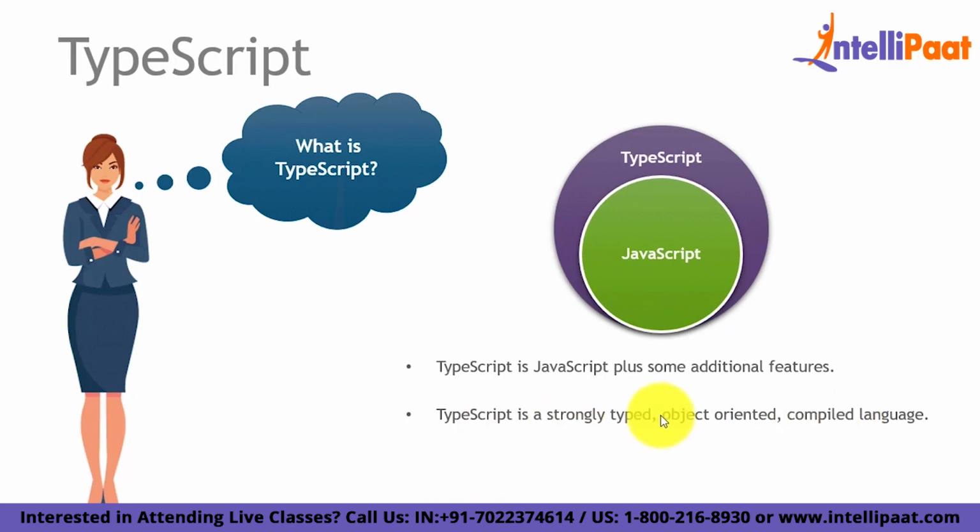Strongly typed means whenever we are creating a variable, you can define there itself what should be the data type of that variable. Object-oriented means it is going to follow all those concepts like abstraction, encapsulation, polymorphism, inheritance. Compiled language means we know JavaScript is an interpreted language, whereas TypeScript is a compiled language.